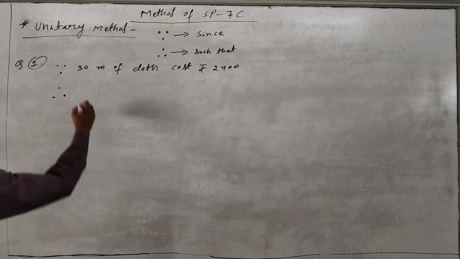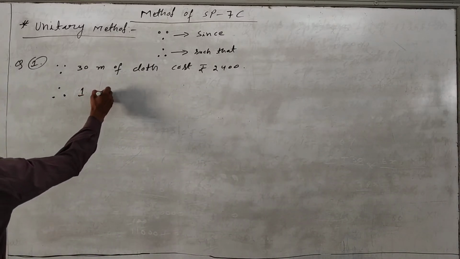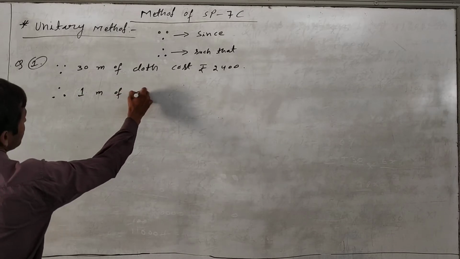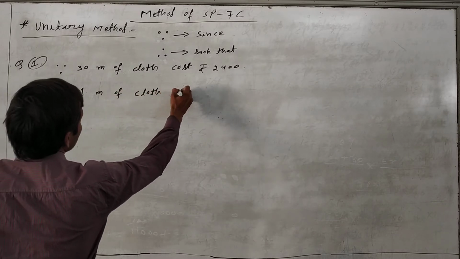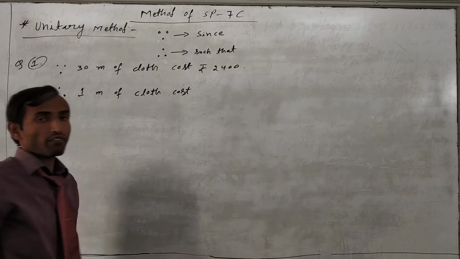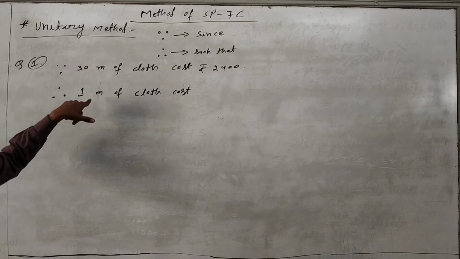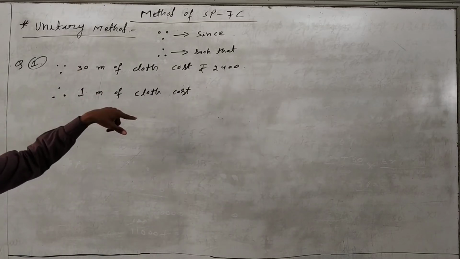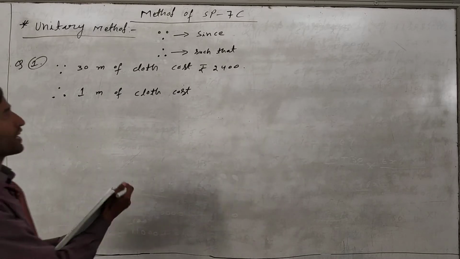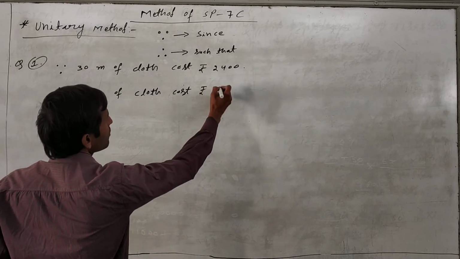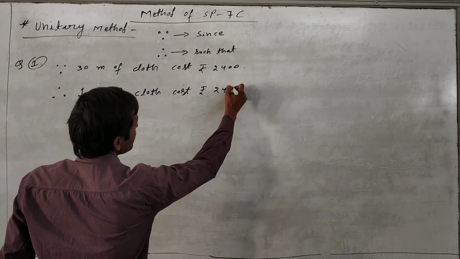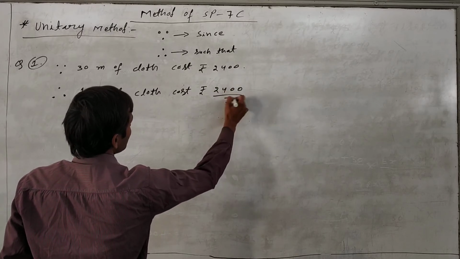So for 1 meter of cloth, what is the cost? 30 meter is more and 1 meter is less, so for 1 meter it will be less price, so we will divide: rupees 2400 upon 30.